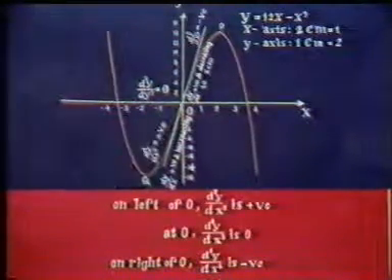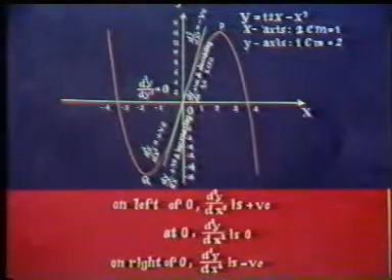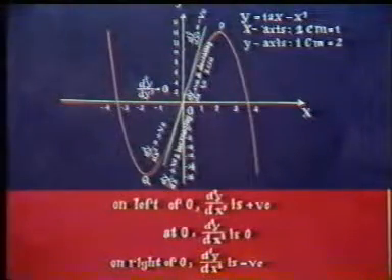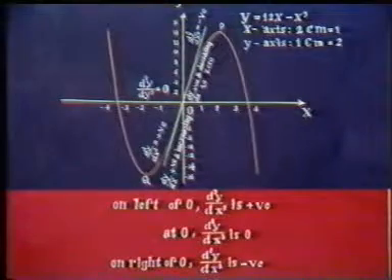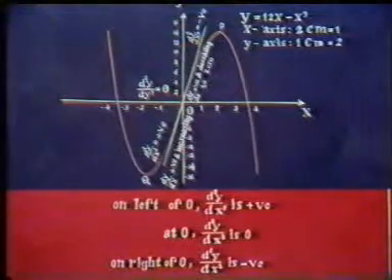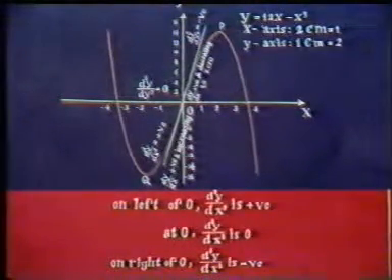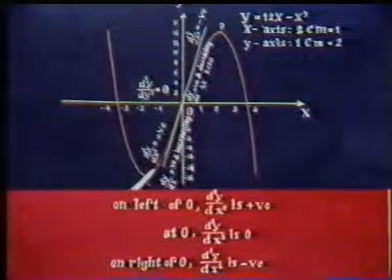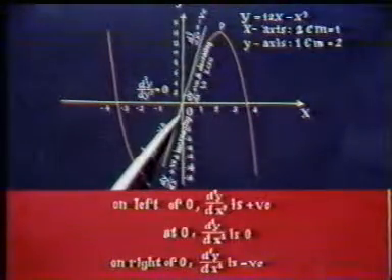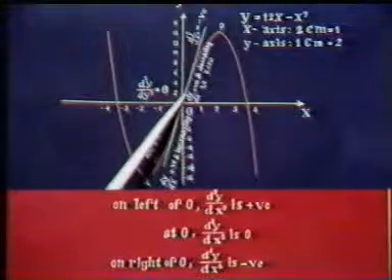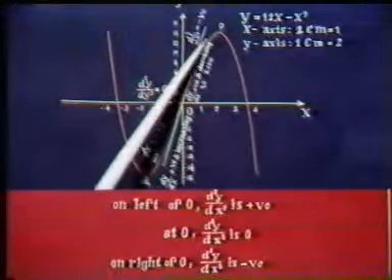It is a point where the sign of d²y/dx² changes from either positive to negative or from negative to positive. If on one side of this point the curve is concave, then on other side of it the curve is convex.